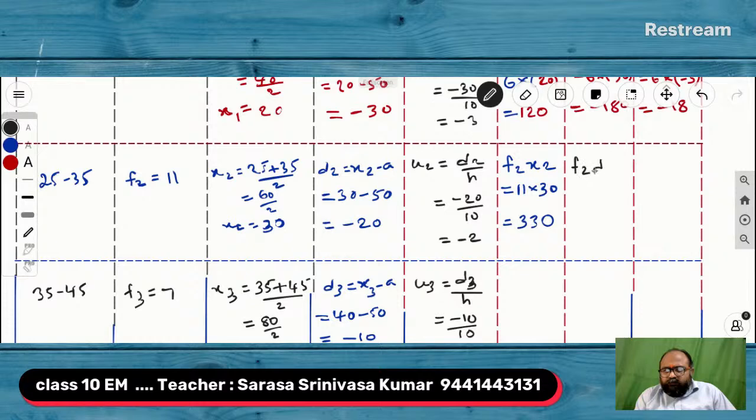Now we calculate F2 D2. This is equal to F2 is 11 multiplied by D2 is minus 20. So we get minus 220.